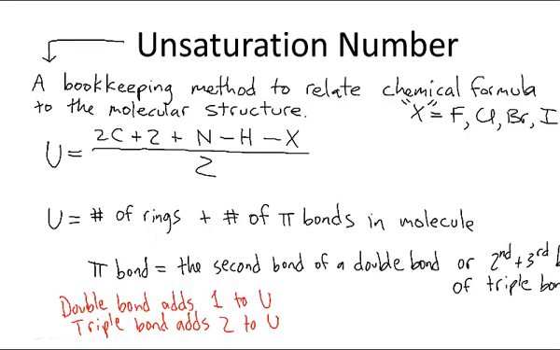So when you look at a structure, you should be able to relatively quickly determine its unsaturation number, because you're just counting these extra bonds and the rings in the molecule.